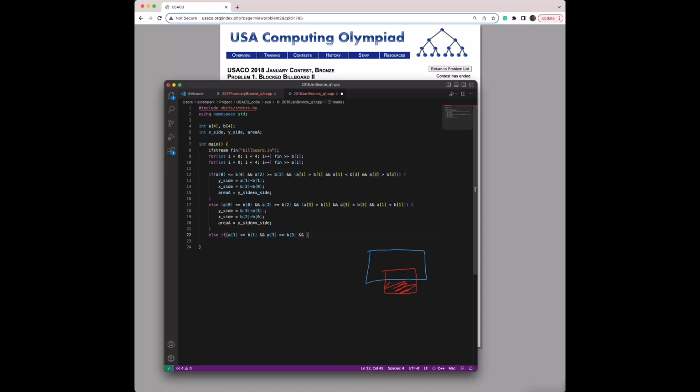And then similar to what we just did up here, we're going to check, but instead of doing the y coordinates like we did here, we're going to just do the same thing for the x coordinates.